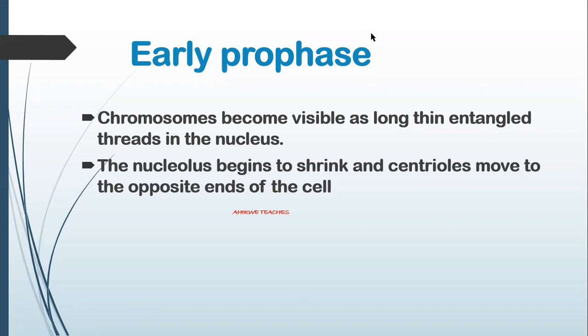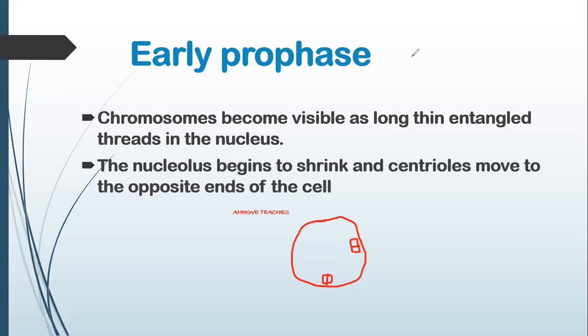What do I mean? Let me do a simple illustration. If this is my cell, the centrioles, remember, are the surfaces where the spindle fibers will attach. We are going to see what spindle fibers are. So they will begin to move to the opposite poles. And finally, in late prophase, you will see them aligned at different and opposite poles.